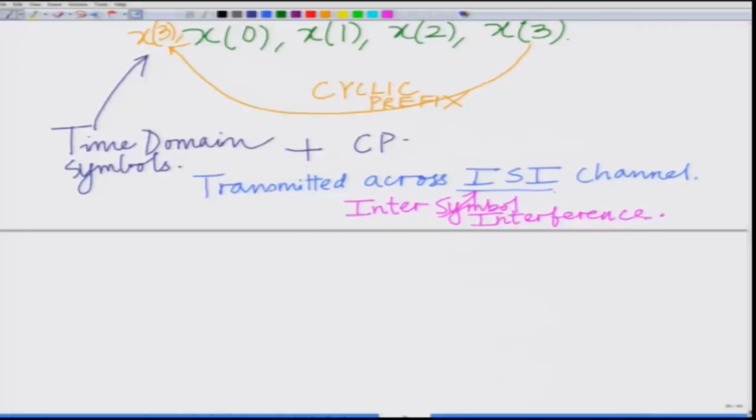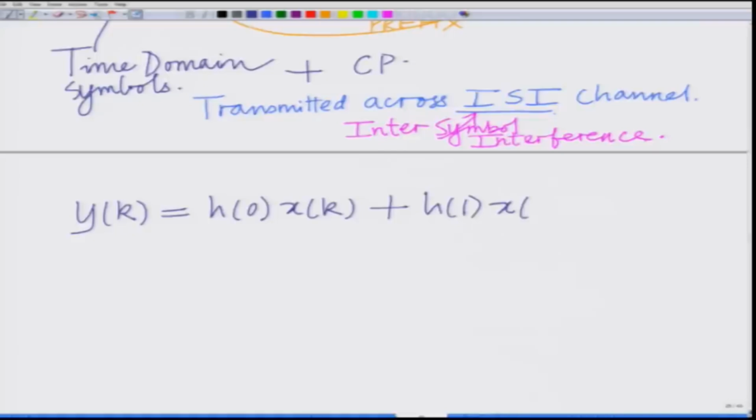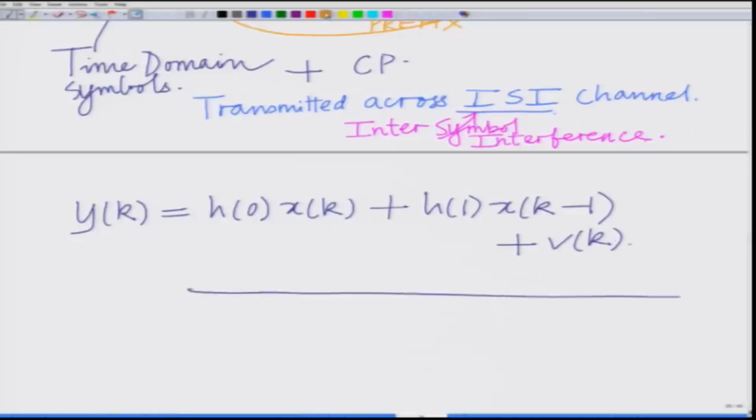Remember, our model for the ISI channel is the same. We are considering the 2-tap ISI channel, which is basically yk, the current output symbol, equal to h0 xk plus h1 xk minus 1 plus vk. Remember, this is your 2-tap channel.